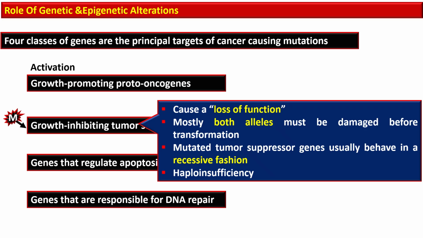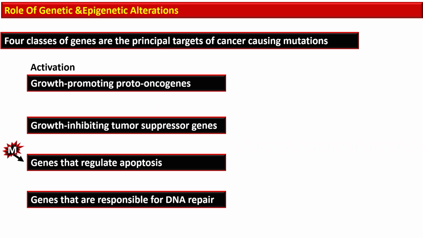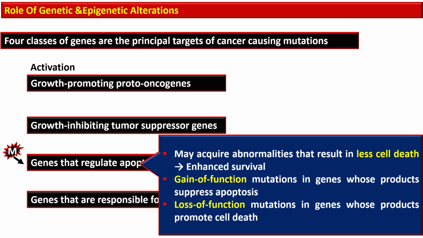Then there are DNA regulating or repair genes, the genome maintenance genes. Their normal role is to repair damaged DNA, and the mutation type is usually loss of function mutation.